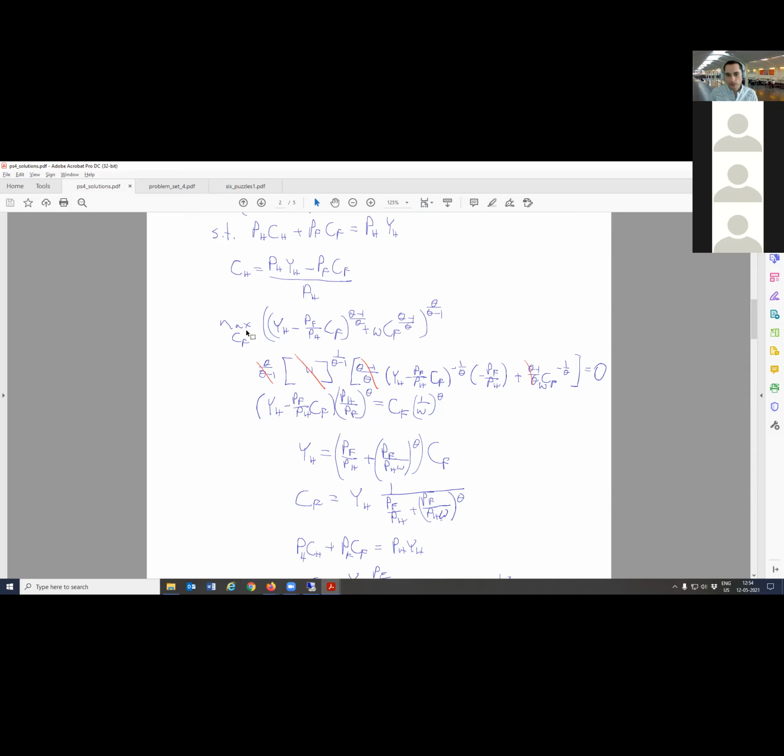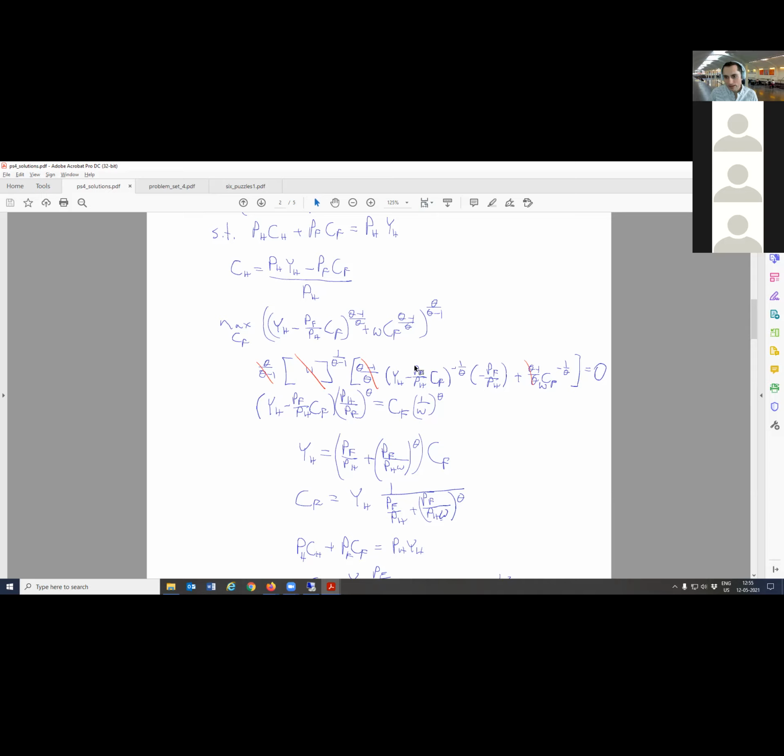So what I do here is take the derivative with respect to CF of this utility function and set it equal to 0. Then these two things cancel each other out: theta minus 1 divided by theta cancels with theta divided by theta minus 1. This expression over here is greater than 0, so we can divide both sides by it and eliminate it.